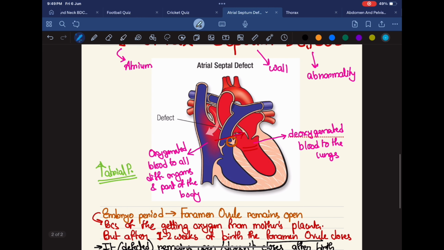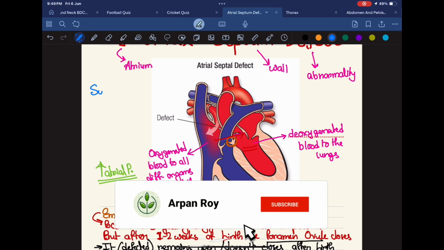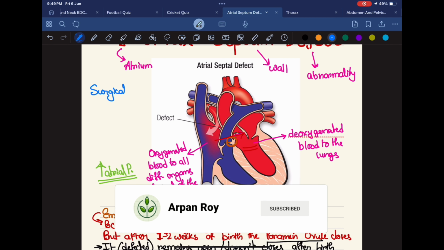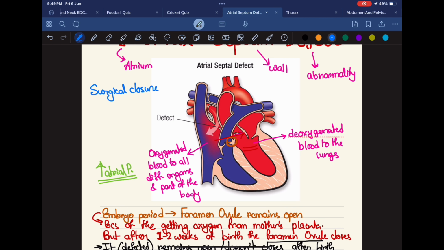Surgical closure has a high success rate in this case.